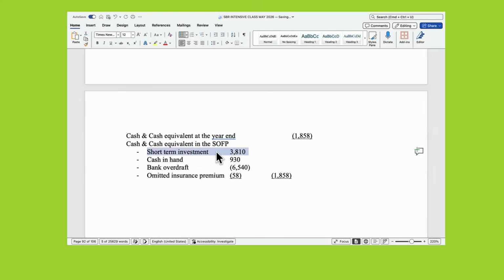Short-term investment was 3810, cash in hand, bank overdraft, and don't let us forget the omitted insurance premium that they have not removed from my cash. And it gives me exactly the same as what I got here. And this is the proper way to prepare a statement of cash flows.